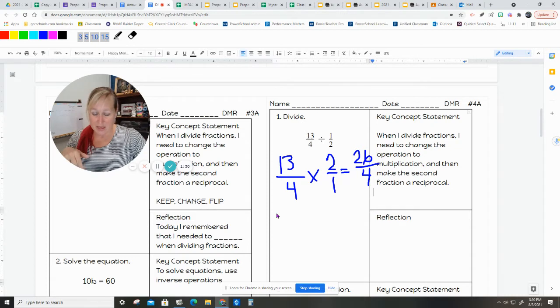So I'm going to split that apart. Let's see, multiples of 4: 4, 8, 12, 16, 20, 24. So 24 is the closest that I can get. So I'm going to put 24 plus 2, because that makes my 26, over 4.